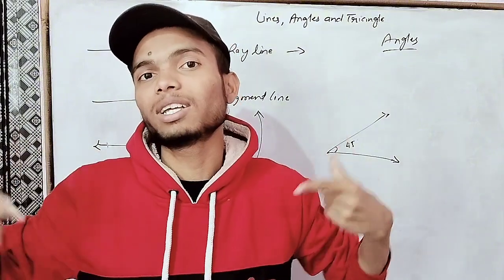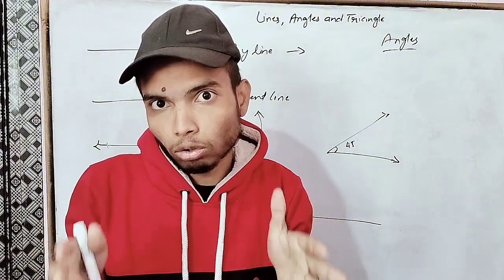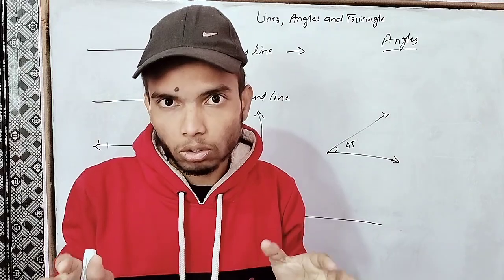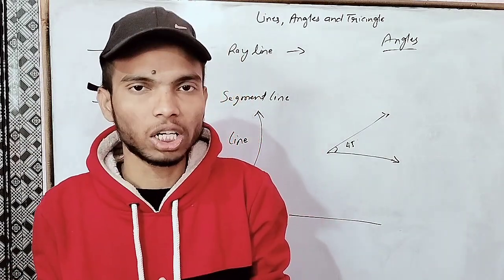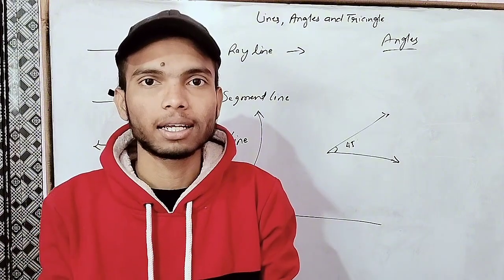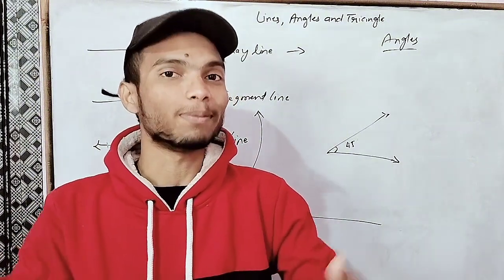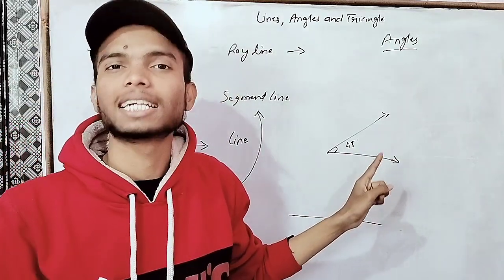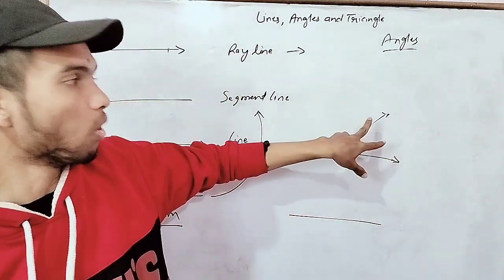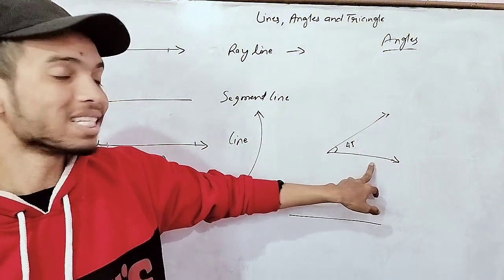Mathematically, with the help of a mathematical degree, we can create a diagram of an angle to understand more. So angle tells us the rotation from one point to another point.